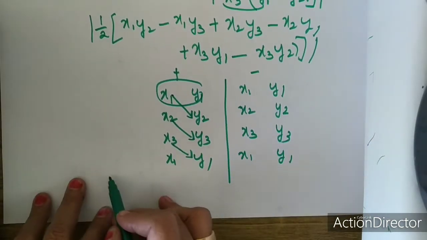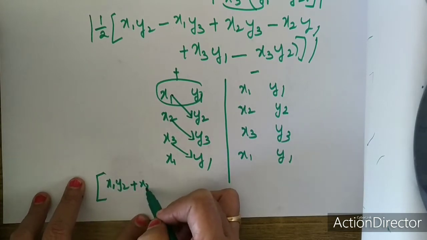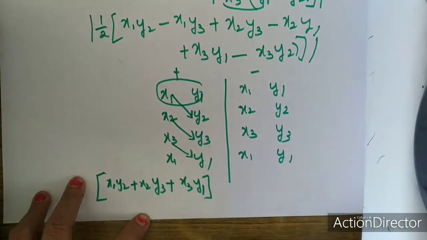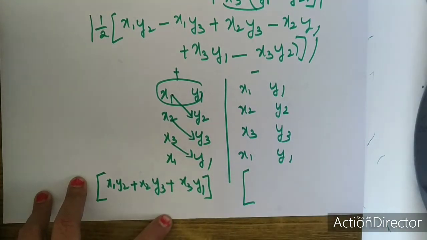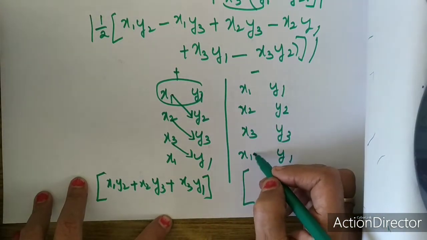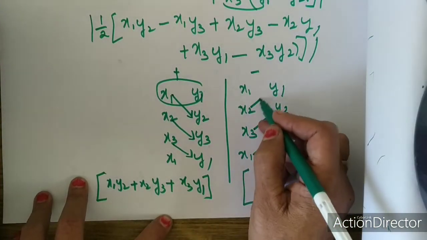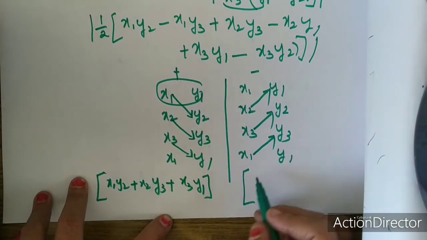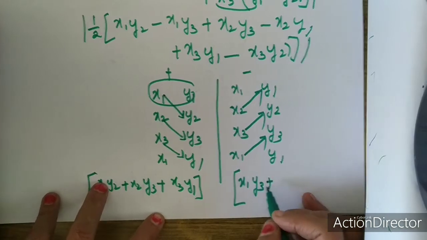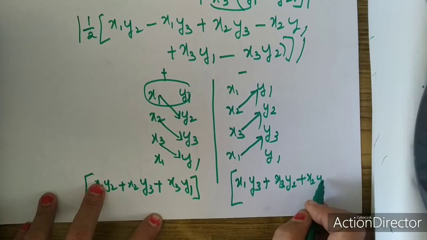I write this in the first bracket: x1 y2 plus x2 y3 plus x3 y1. This is positive. Let me write the negative also. While doing the negative, I go upwards like this: x1, y3, x3, y2 and x2, y1. So x1 y3 plus x3 y2 plus x2 y1.